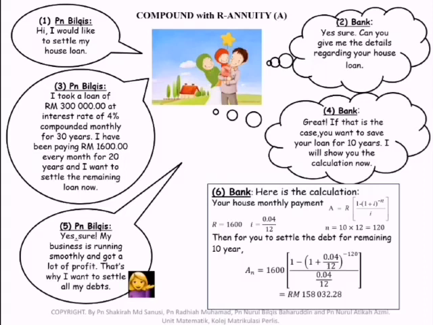So the final value that you will need to settle your loan is 158,032 ringgit 28 cents. Okay, so I get the value. Thank you for your explanation, Miss. My pleasure.